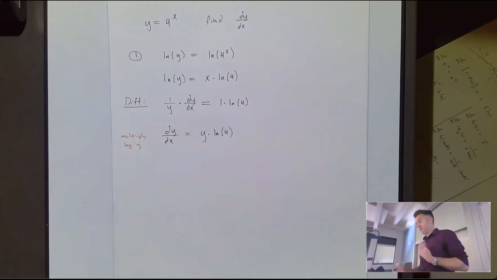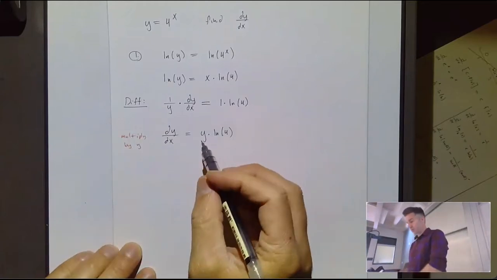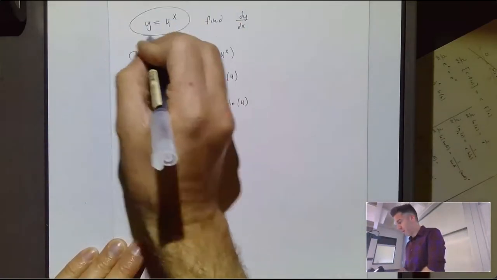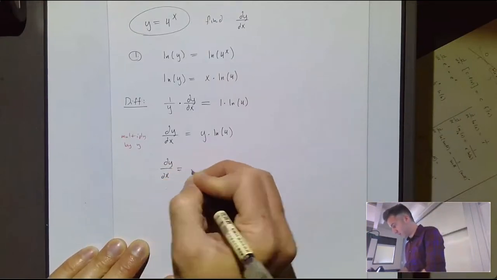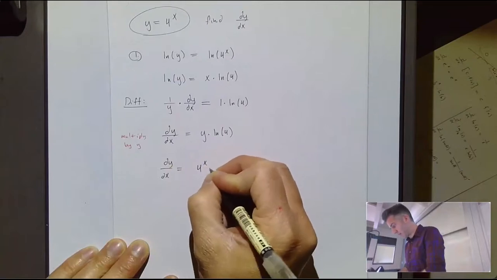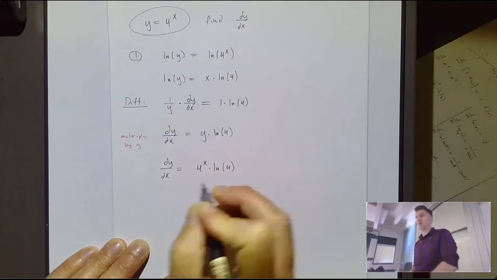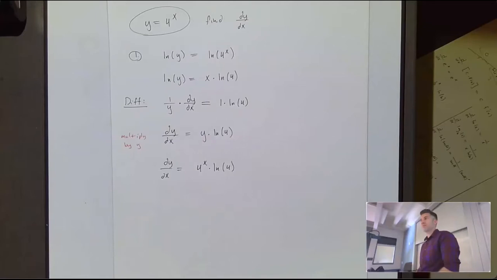And now the last thing we have to do is replace y with what it's equal to. So there's my y. So the derivative here is equal to 4 to the x times the natural log of 4. Totally works.